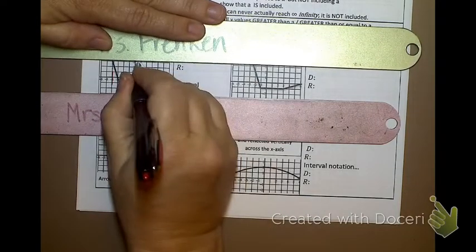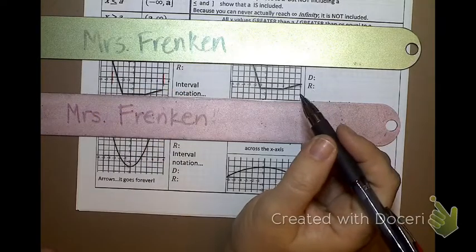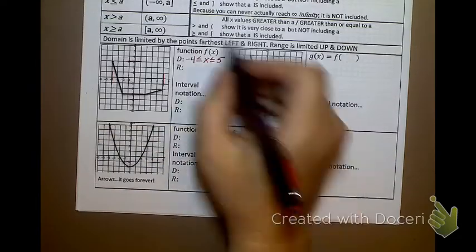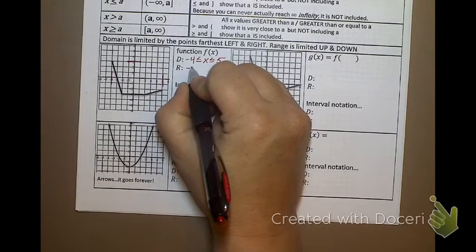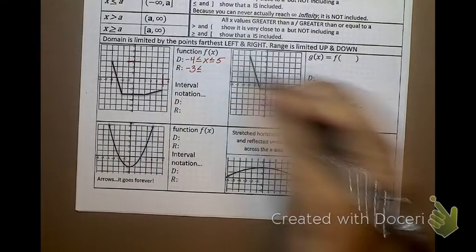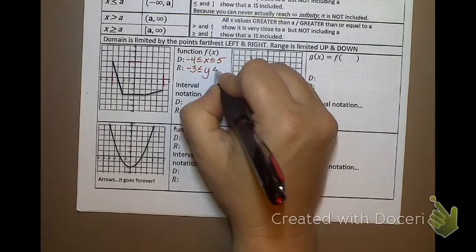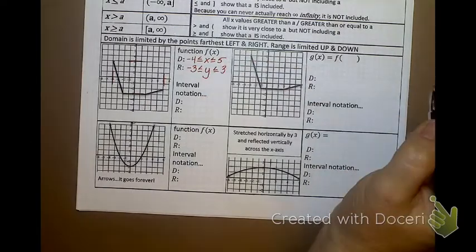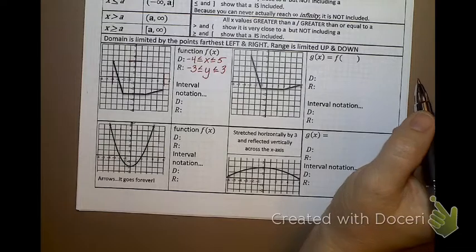So that's 3 on the top and -3 on the bottom. So how would I write my range? Again, smallest number comes first. So -3 is less than or equal to what? y is less than or equal to +3. So far, so good?